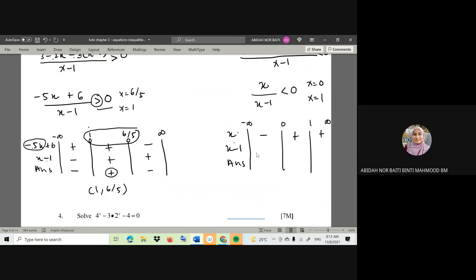For x minus 1, your value of x is 1. Your x is positive, so 1 to the right is positive, 1 to the left is negative. So we multiply minus, plus. No equal sign, so all empty circles. Less than 0 is negative. So the answer is 0, 1.